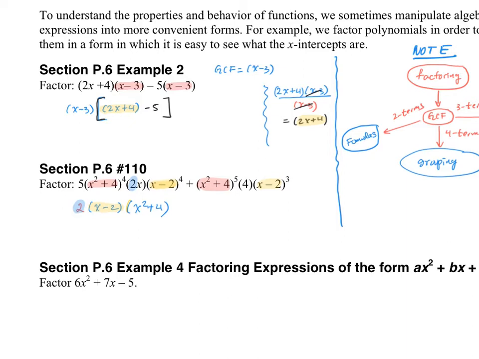So those are the three terms that are different. Then you need to pick the smallest exponent. That's very, very important. So if you look at the x minus 2, the smallest exponent between 3 and 4 is 3. So we're going to go with 3. The smallest exponent of 4 and 5 is equal to 4. So that's how you're going to find the LCD.